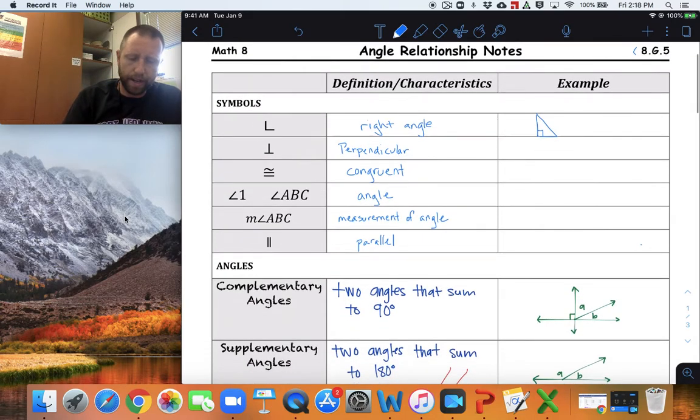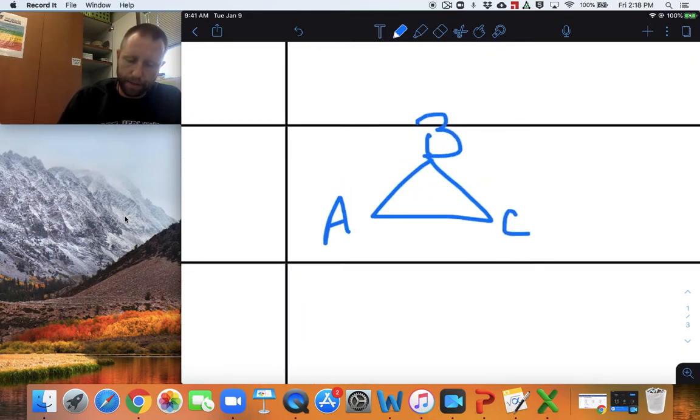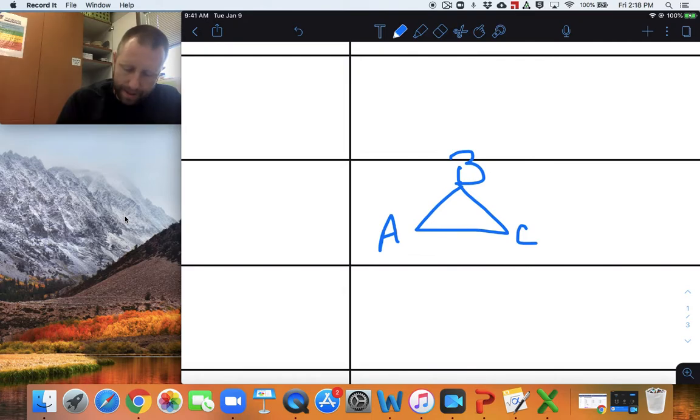For the next one, it's this symbol here, what they're talking about, okay? And that represents the word angle. So, let's say I had a triangle, we'll call this triangle ABC, okay? And let me zoom in even further, and let's say that this one is 50 degrees.